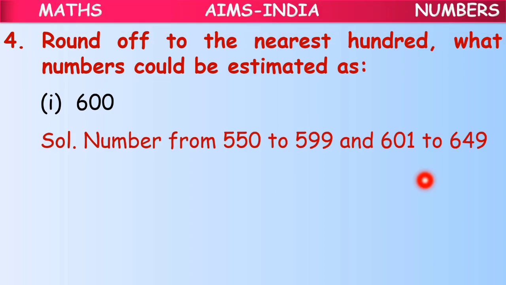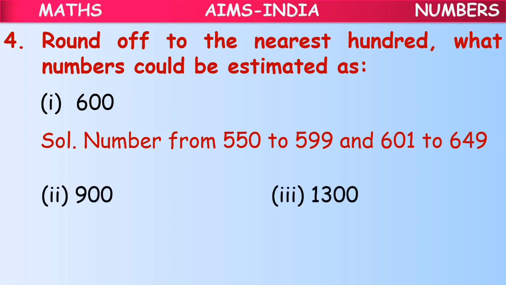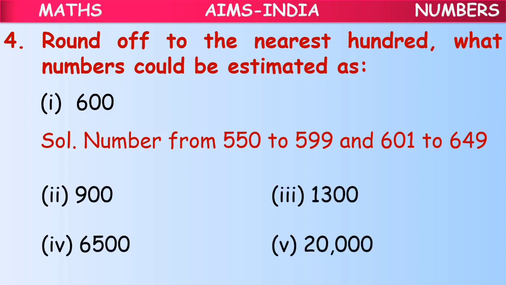Again, as I said, numbers from 550 to 599 and 601 to 649. Now again, as we are finding out the numbers that could be estimated as 600, we cannot give a single correct answer. So there are many possible answers for this.